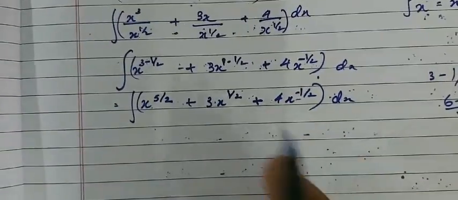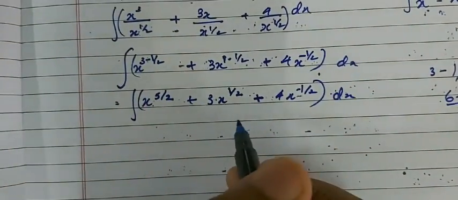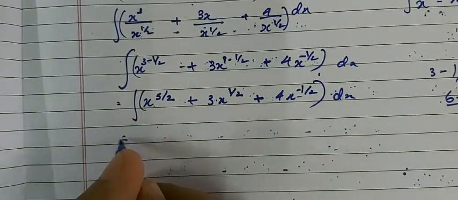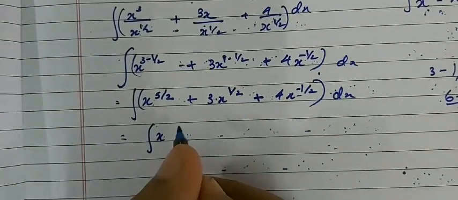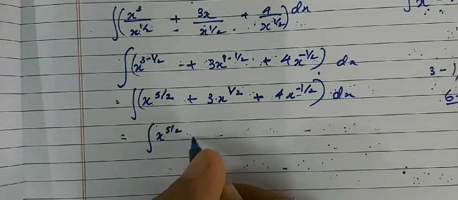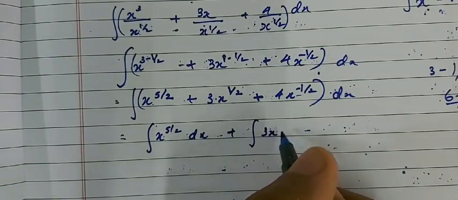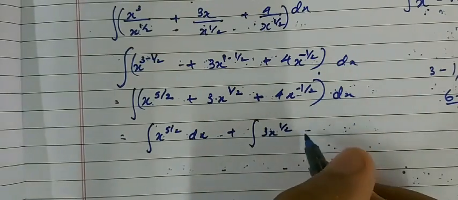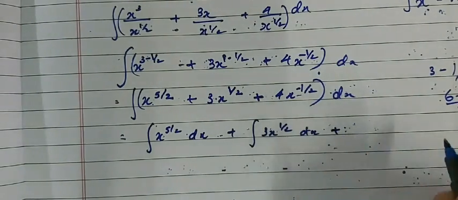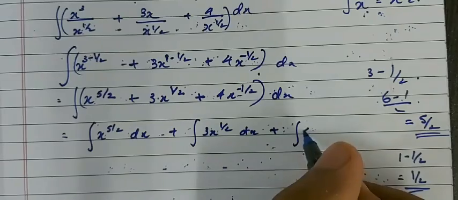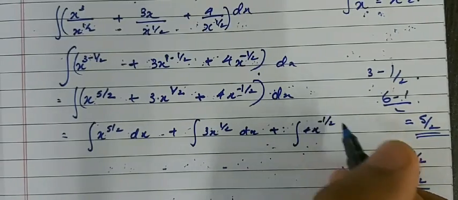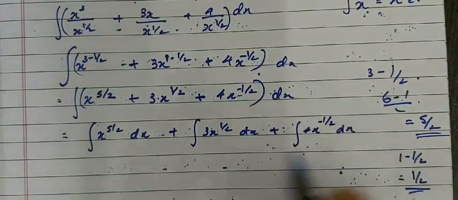Now we can separately integrate this because there are plus signs in between. So integral of x raised to 5 by 2 dx plus integral of 3x raised to 1 by 2 dx plus integral of 4x raised to minus 1 by 2 dx.